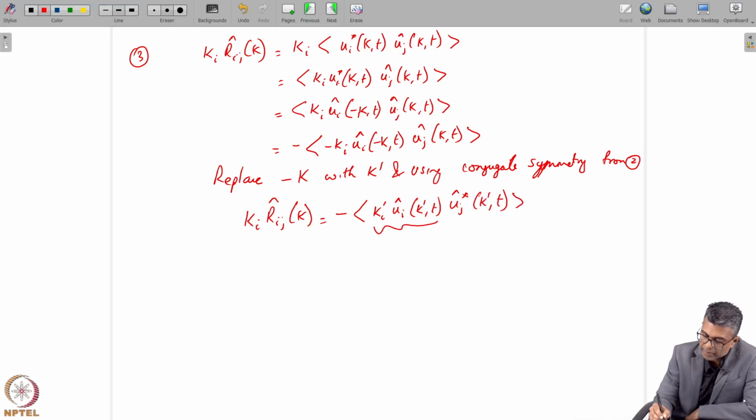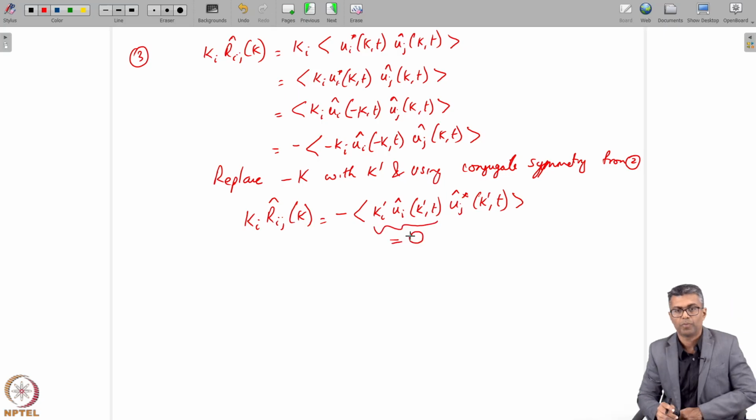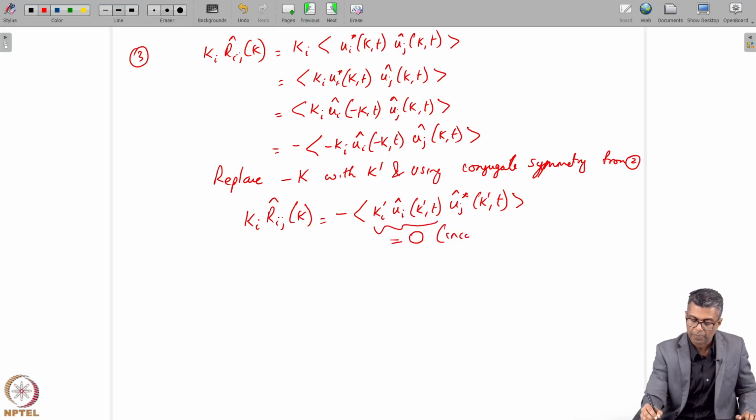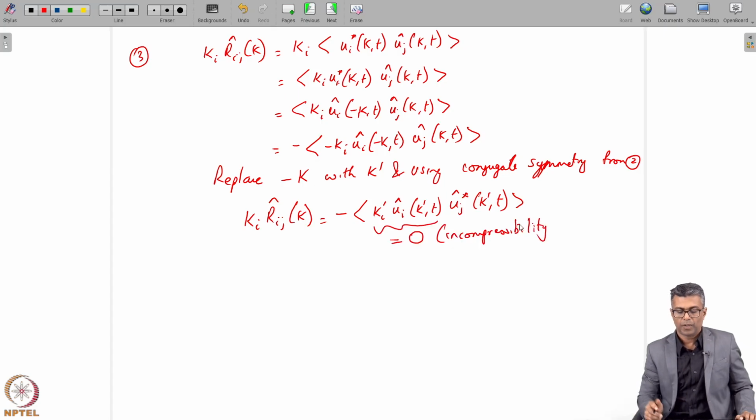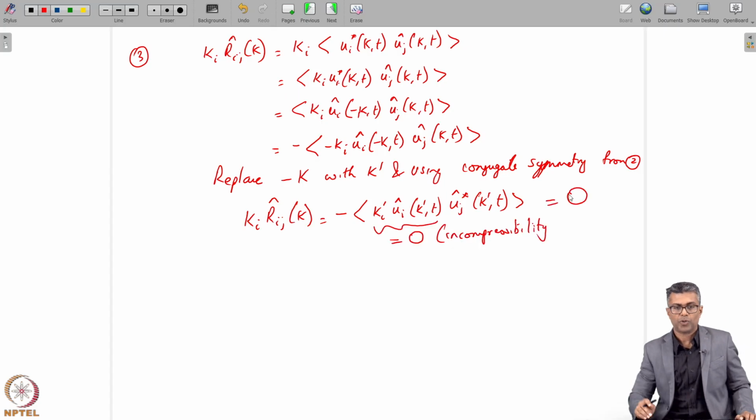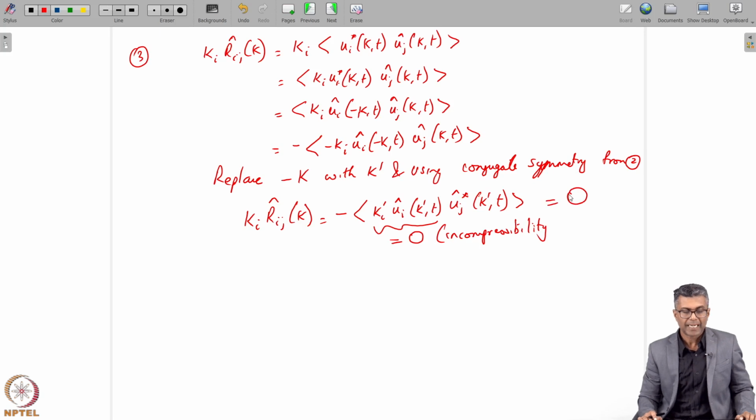This right here is equal to 0 because of the incompressibility. So this becomes equal to 0. That is how I prove it. I hope this is clear.